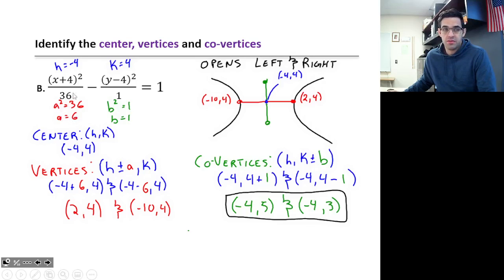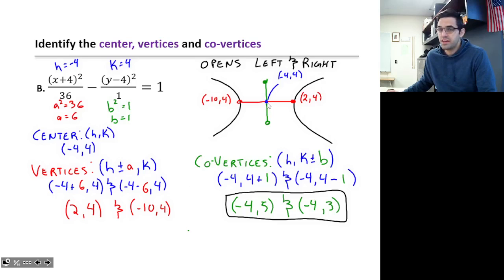The a value, the number below the x, is going to tell us where the vertices are. So if I go left or right from the center by 6, I'm going to get the vertices. So I'm going to add and subtract 6 to the x value of the center. So (2, 4) and (-10, 4) would be the coordinates for the vertices of this hyperbola.